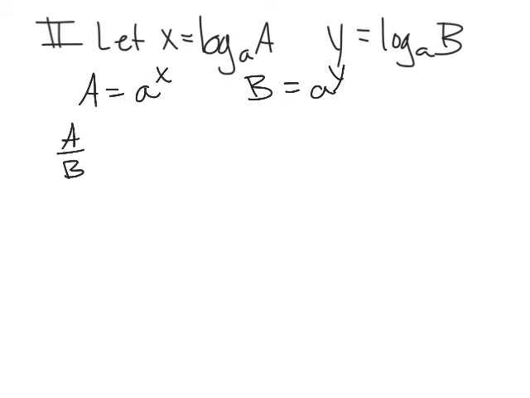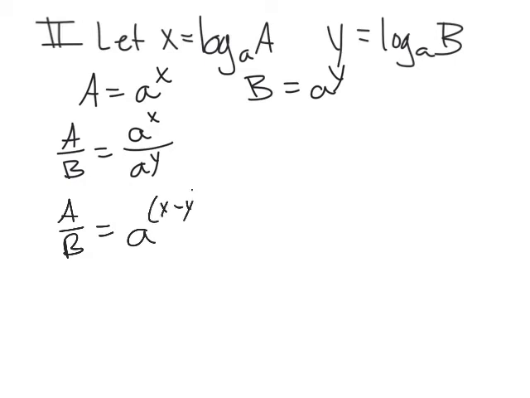A over B, and if I substitute in, that means it's the same as a to the x over a to the y. Using our monomial rules, when I have powers of the same base and I want to take their quotient, I'm going to subtract the exponents. So A divided by B is equal to base a raised to the x minus y.